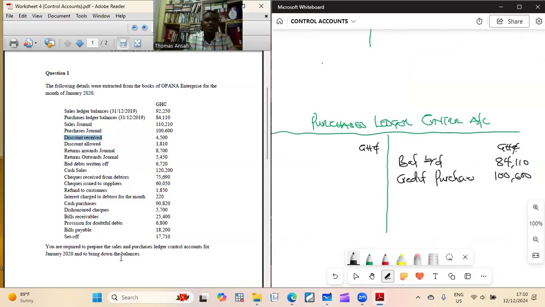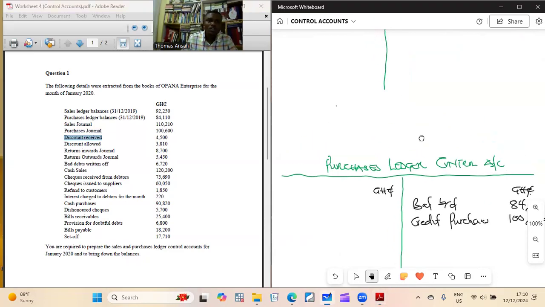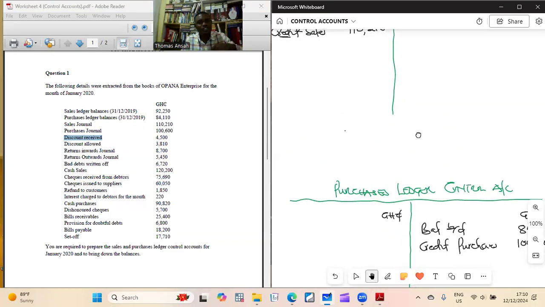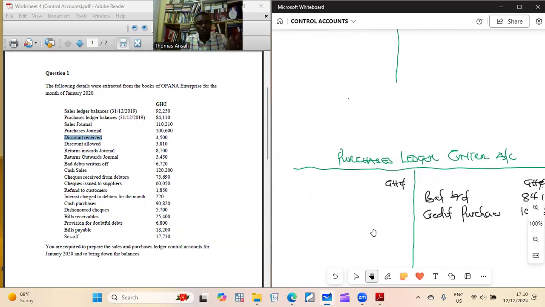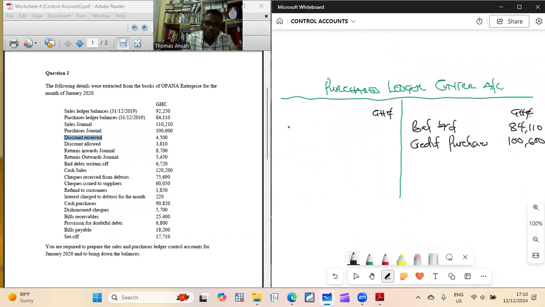Discount received. Who do we give discount received to? The discount received is something we receive from our what? Suppliers? Exactly. So that is that. So you will receive the discount just to reduce your payment. So 4,500.